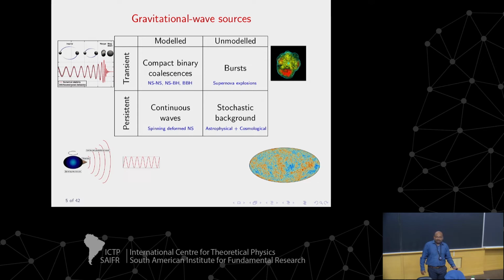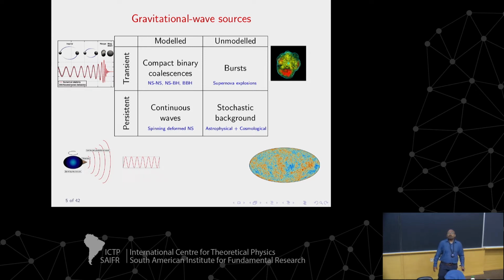Continuous gravitational waves, so gravitational waves from, for example, a neutron star which is not perfectly symmetrical spinning. Because of this asymmetry, there's a change in the quadrupole moment, which is the source of gravitational radiation. So we should see a continuous sinusoidal gravitational wave of constant frequency from these sources.